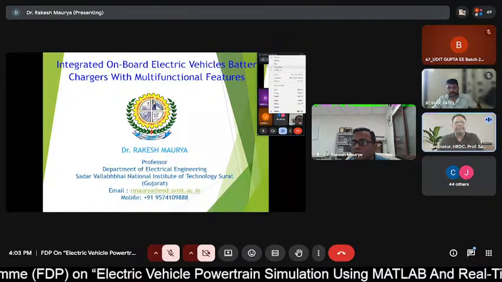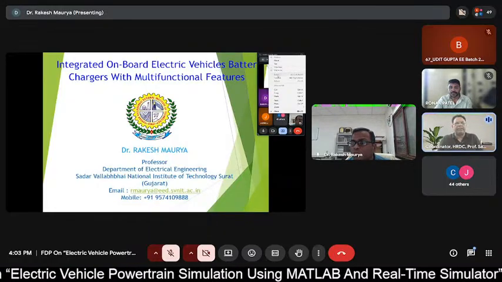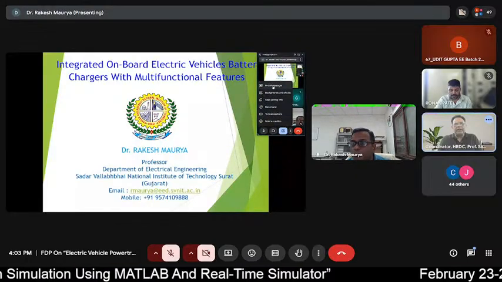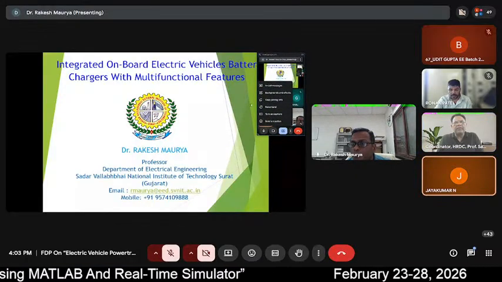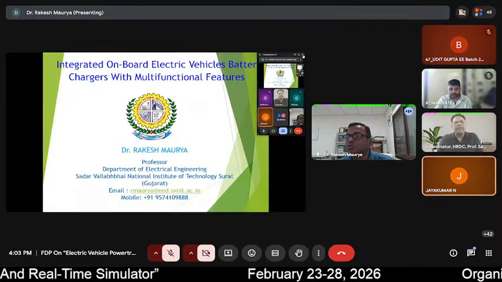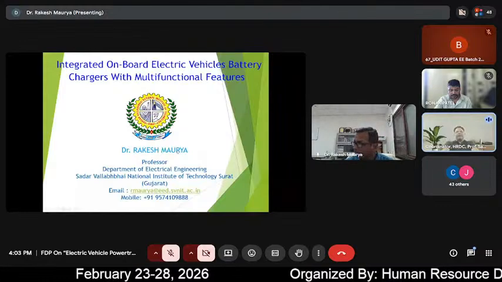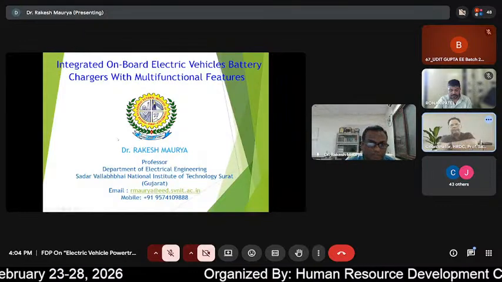Actually, some picture-in-picture mode is on. That is why it has come up. That needs to be minimized, no? Yes. Now it's fine. Now it's fine, sir. Okay.